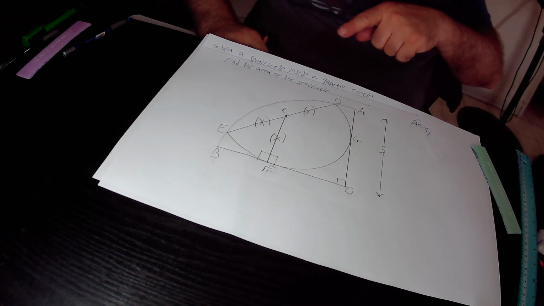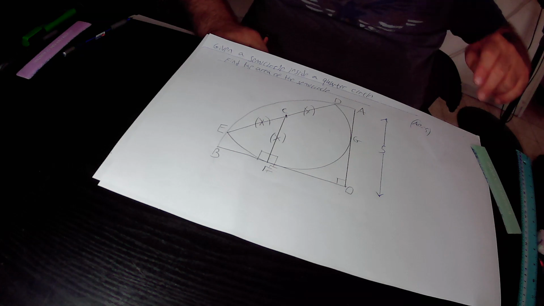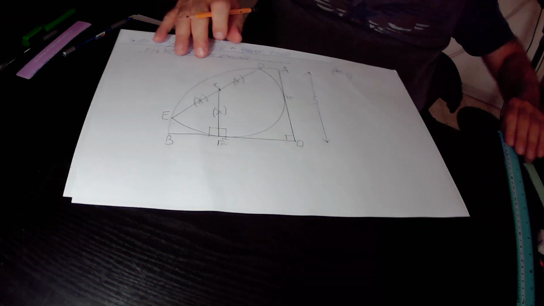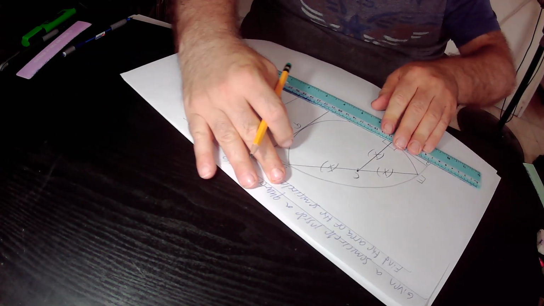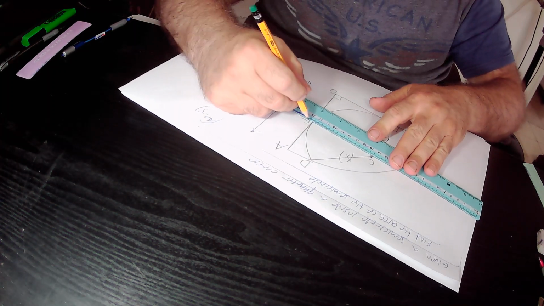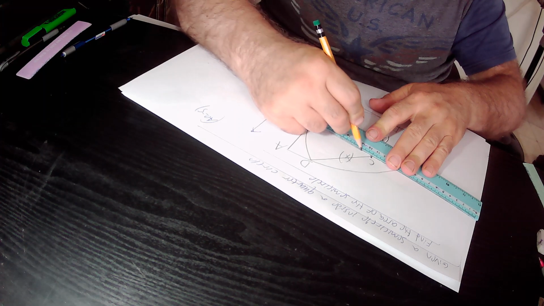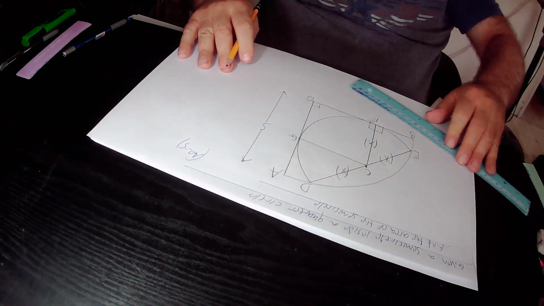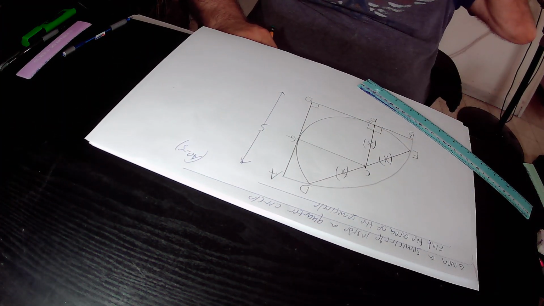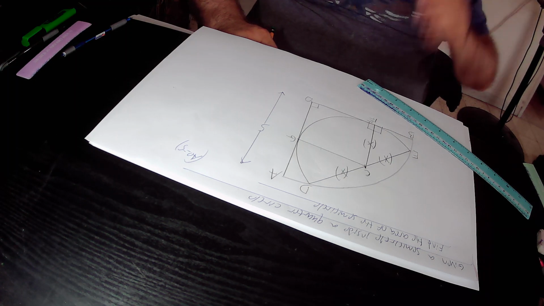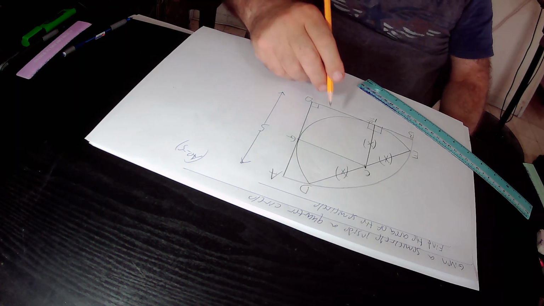Likewise, we will join points C and G together by a straight line. CG is of course the radius of this semicircle that equals x according to our definition.